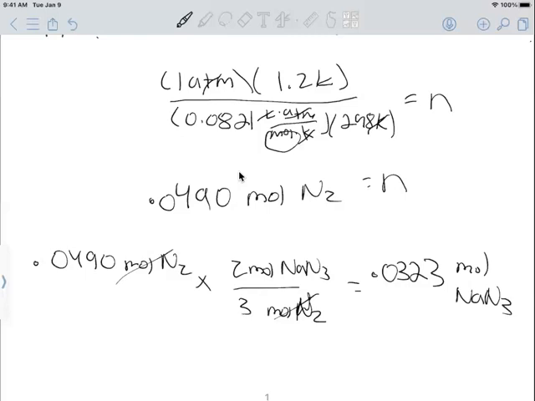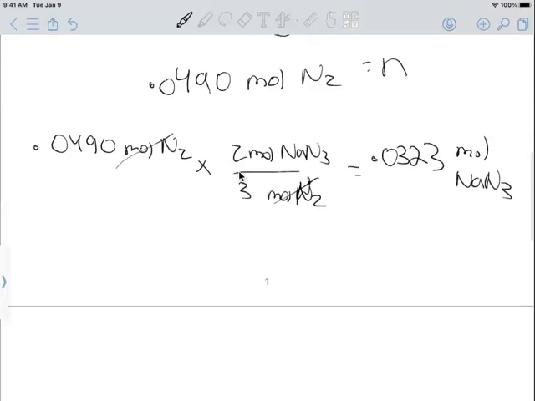And then since this is a solid, we'll use our molar mass to convert into grams. If we had an aqueous solution, remember we'd use the molarity given and plug it into the equation. Molarity equals moles over volume.